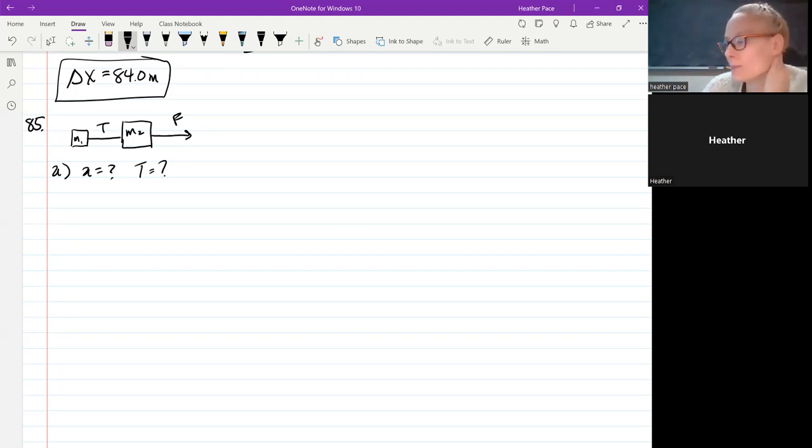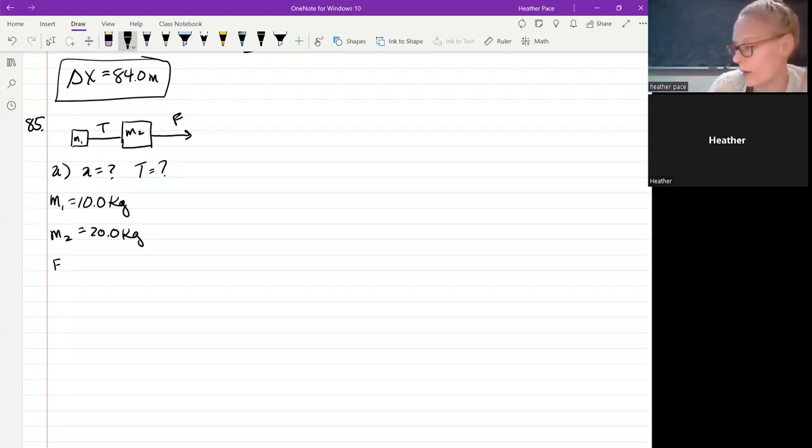All right. What are we given? We're given mass 1 equals 10 kilograms. Mass 2 equals 20 kilograms. And the force, or the person pulling it, is 50.0 newtons.